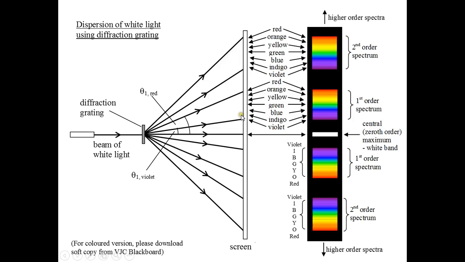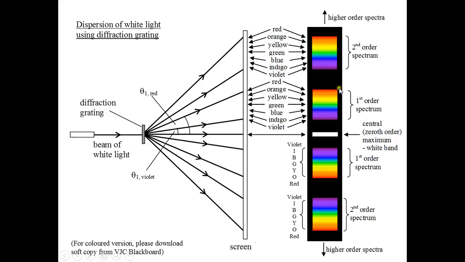Then as you go higher, you see lights that are of longer wavelength. The last one that you see will be red, which has the longest wavelength of about 750 nanometer. So the theta is the largest, because d sine theta equals m lambda. So your sine theta will be proportional to your wavelength. So the larger the wavelength, the larger the theta.